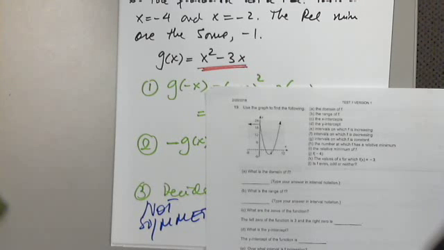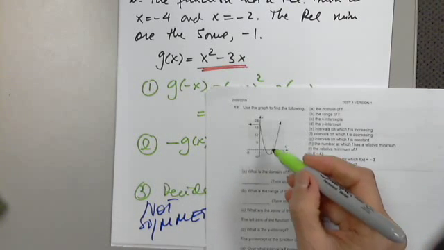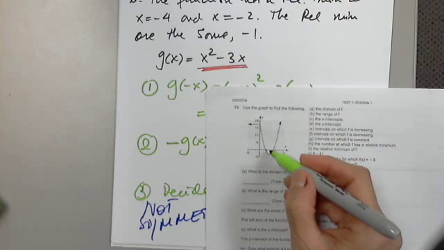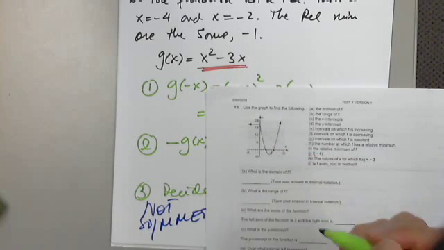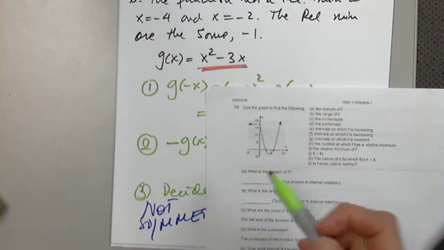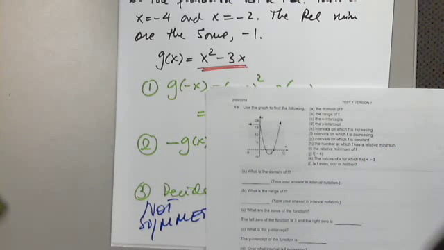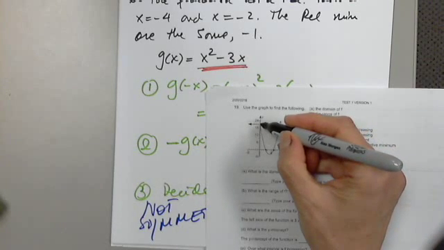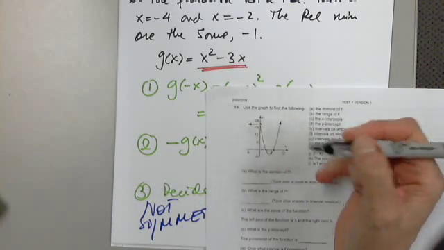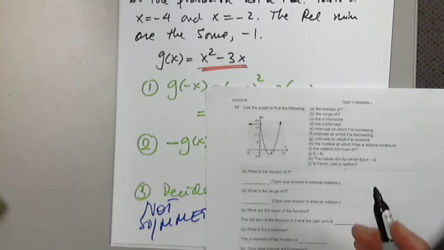X-intercepts. Yes, I see 3, 4, 5, 6, 7. 3 and 7 are the x-intercepts. Y-intercept, 21. 0, 21, right here.